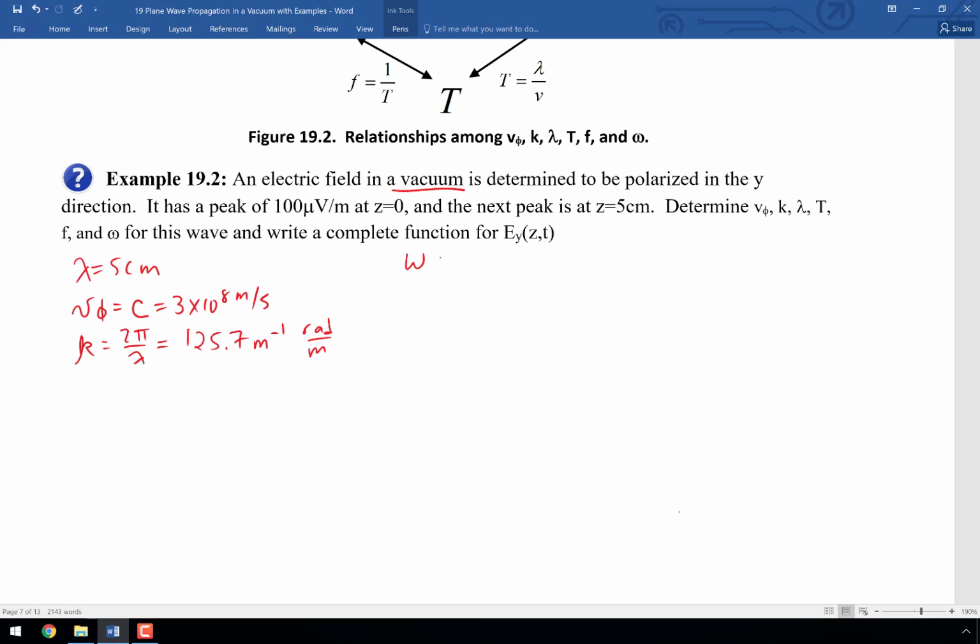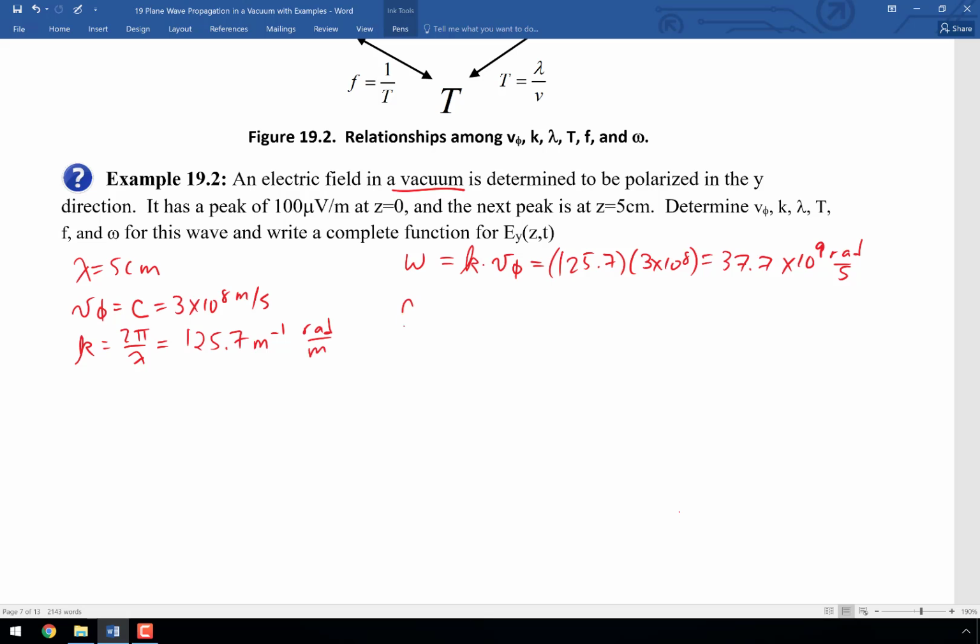We can also calculate omega. Omega is equal to k times the phase velocity, which is going to be 125.7 times 3 times 10 to the 8th, which works out to be 37.7 times 10 to the 6th radians per second. And that's not times 10 to the 6th, that's times 10 to the 9th. Sorry about that, times 10 to the 9th.